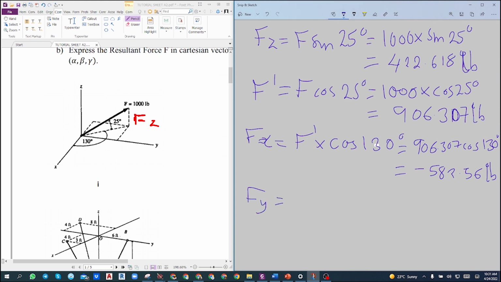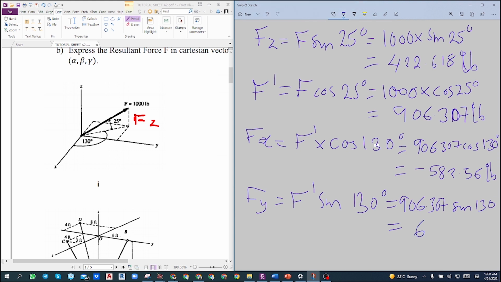FY is equal to F prime sine 130 degrees, which will be equal to 906.307 times sine 130.